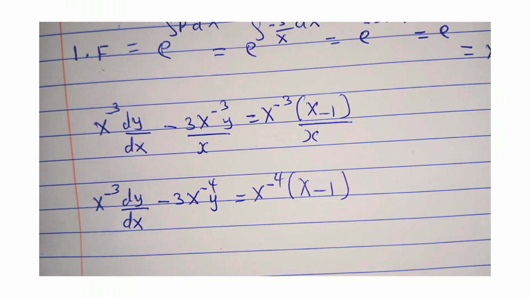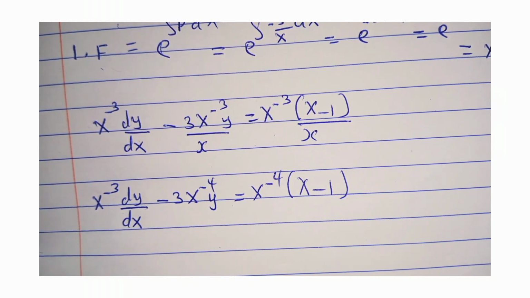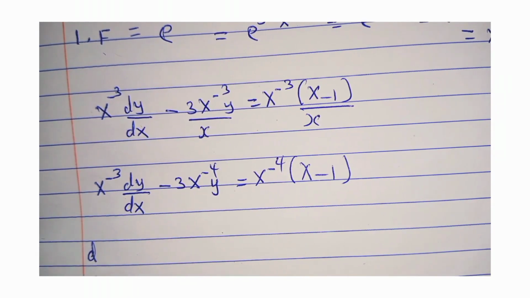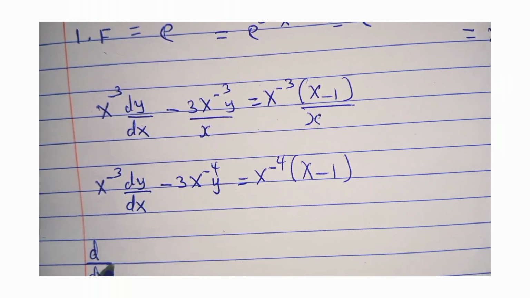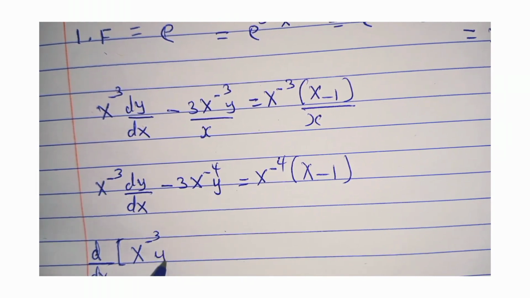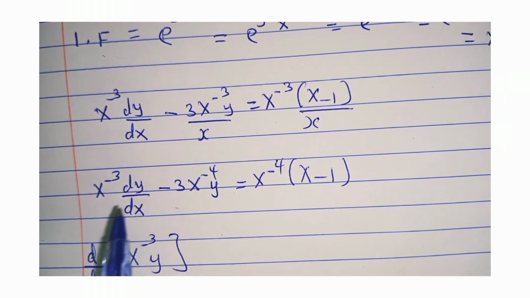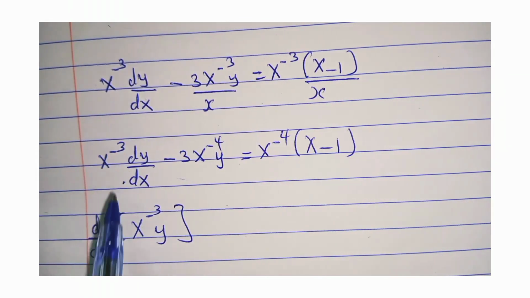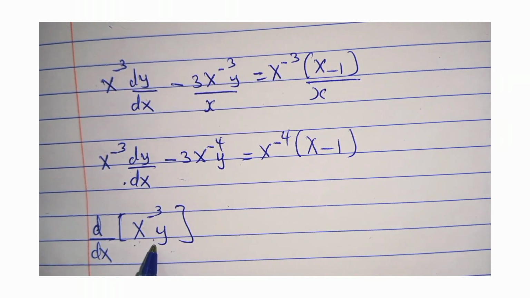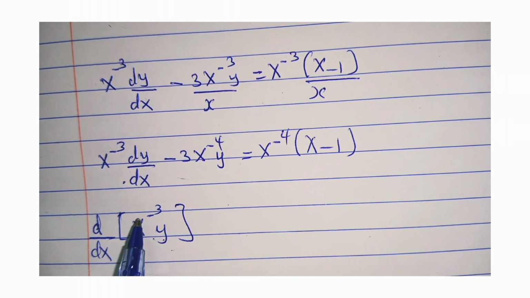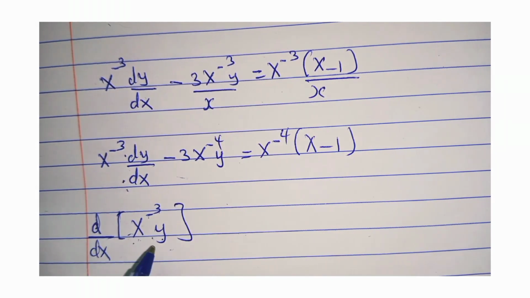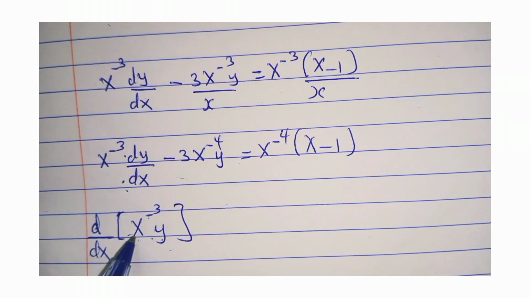That is the same. Then from here, the left hand side can be reconstructed as d over dx of bracket x to the power negative 3 y. This is the same because of the product rule. When you differentiate this product, you start by differentiating y, keeping x to the power negative 3 constant. You get dy dx, multiplying by x to the power negative 3.